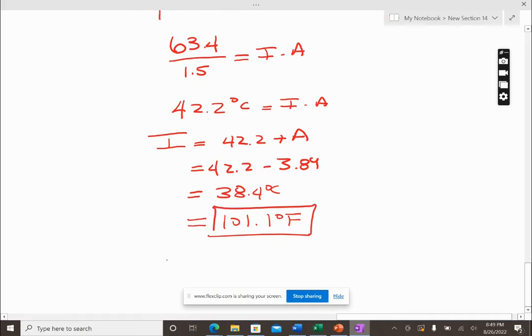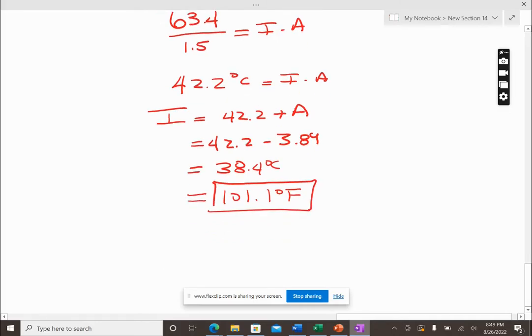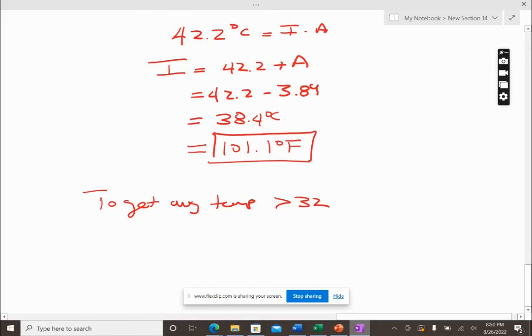So therefore, if we want to get the average temperature greater than 32, we just say I must be greater than 101.1 degrees Fahrenheit.